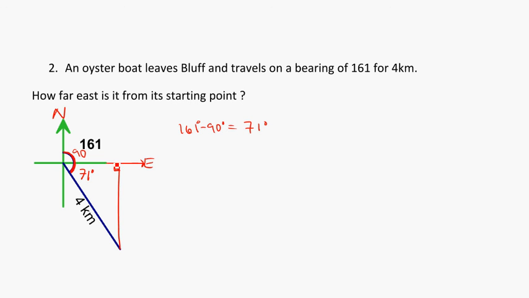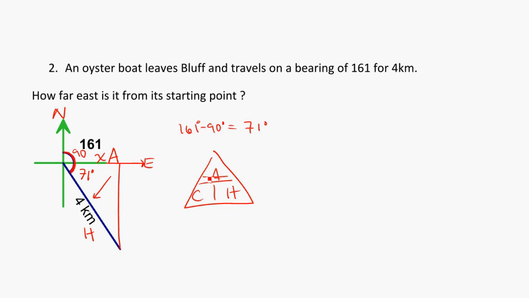And now that I've got that labeled, I've got some information inside of my right angle triangle. 71 degrees, I know I have the longest side there, the hypotenuse, is 4 kilometers. And this is the side that I would be looking for, the eastern side, and that's actually touching the 71 degrees, so it's going to be my x, or my unknown. And that's also the adjacent. So here I'm going to deal with cosine, because I have a and h.